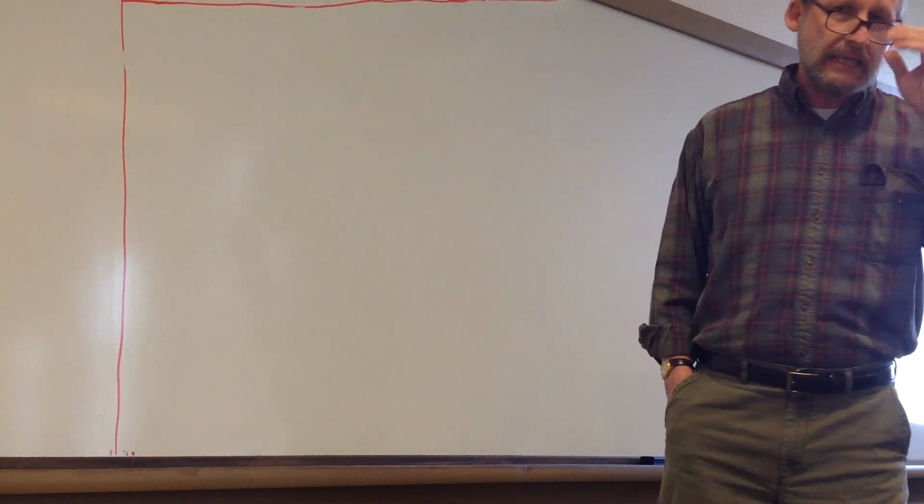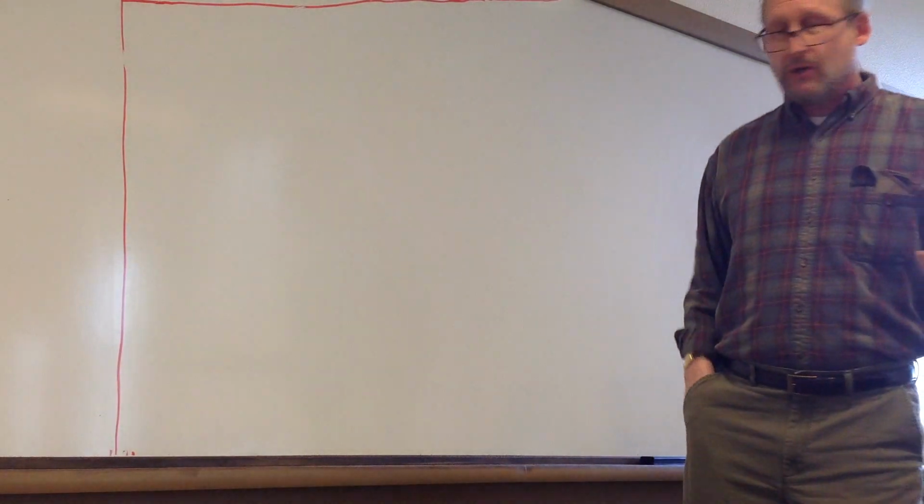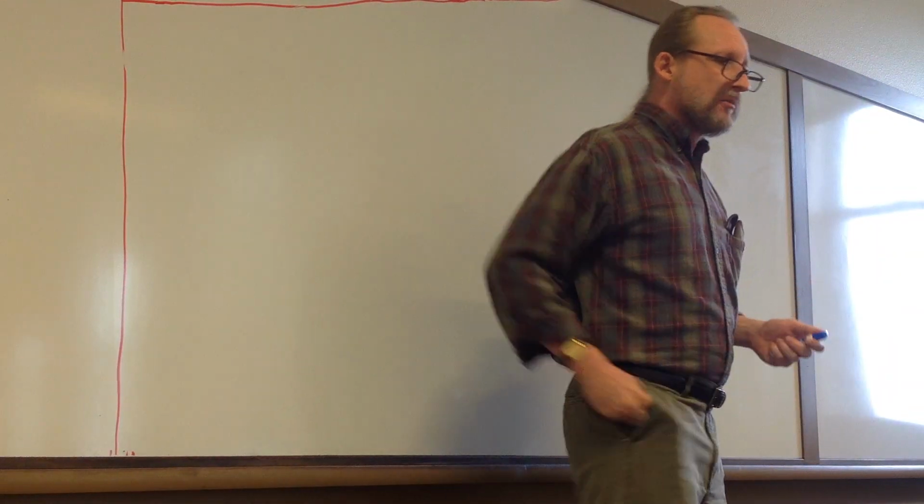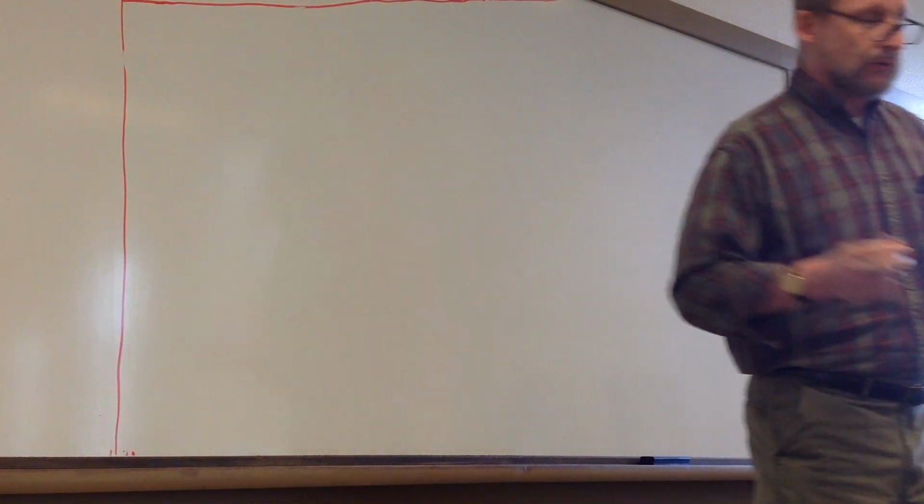So the general idea here is that we're going to have an equation and we want to break it down using the roots. Okay? So let's take a look at problem 2 on page 132.